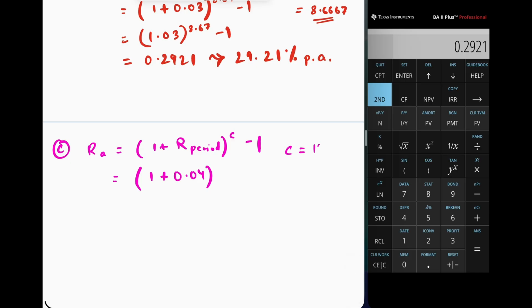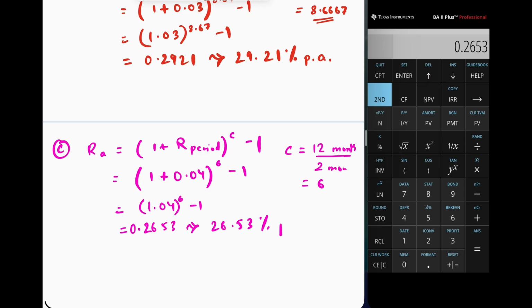There are 12 months in a year and we are given 2 months, so 6 times the compounding will happen. So 1.04 to the power 6, minus 1, is 0.2653, which is 26.53% per annum.